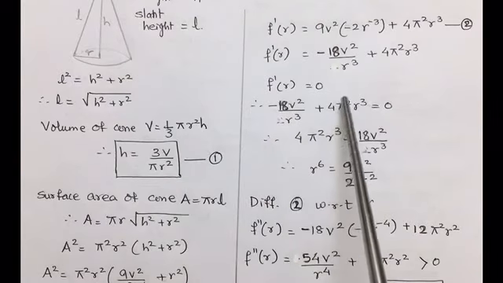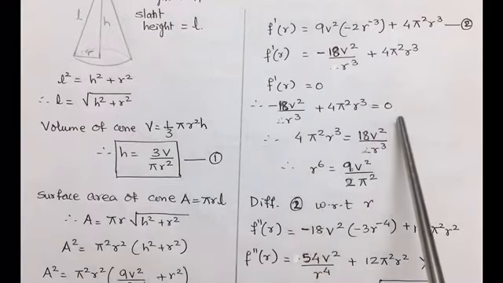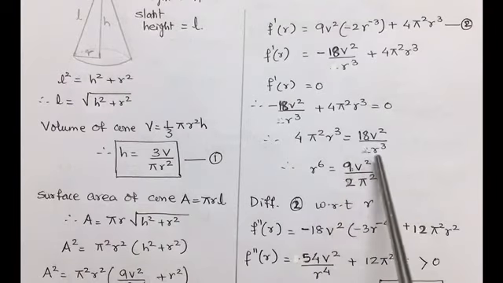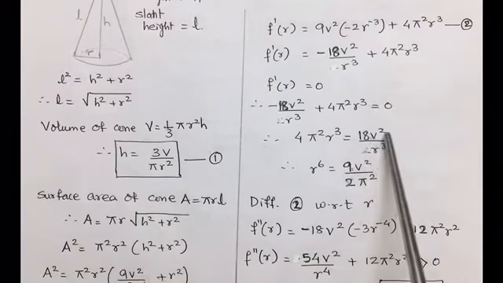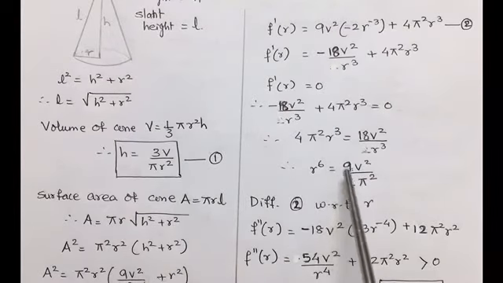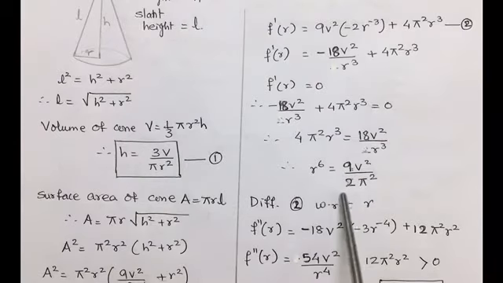So f dash r equal to 0, taking minus 18V square upon r cube to the other side and going for cross multiplication, r cube into r cube makes r raised to 6, and 18V square upon 4 pi square, after cancellation, gives 9V square upon 2 pi square. So r raised to 6 value becomes 9V square upon 2 pi square. This is the value of r raised to 6.